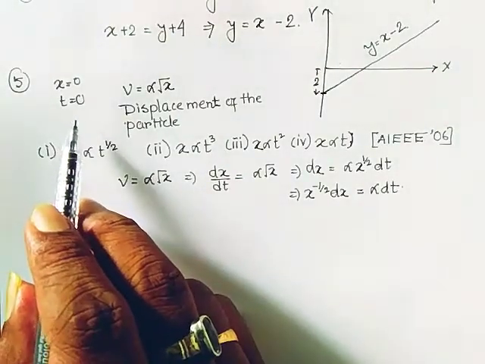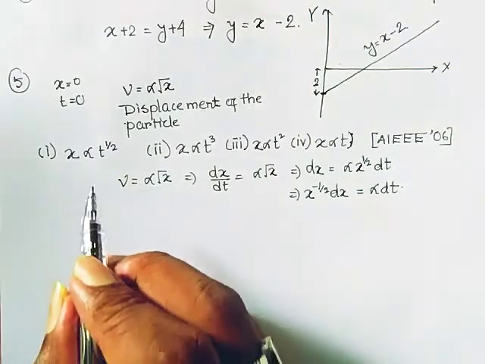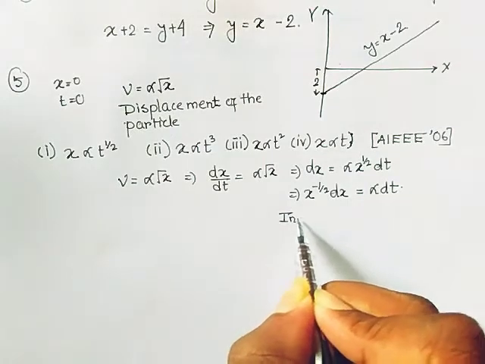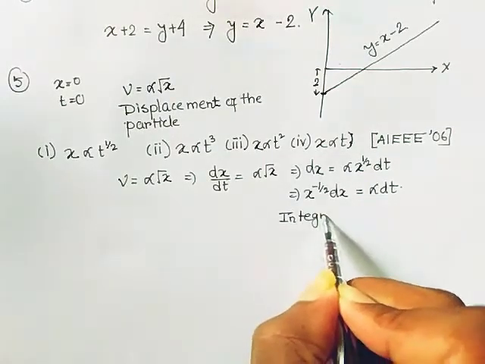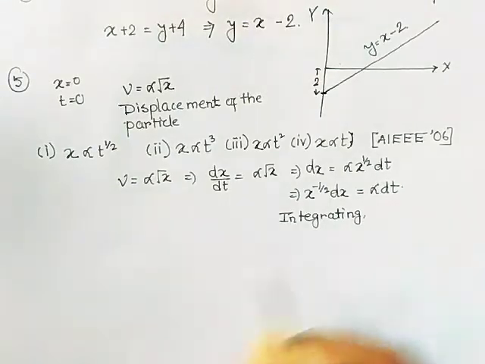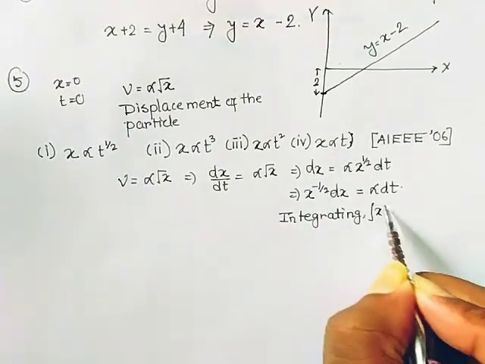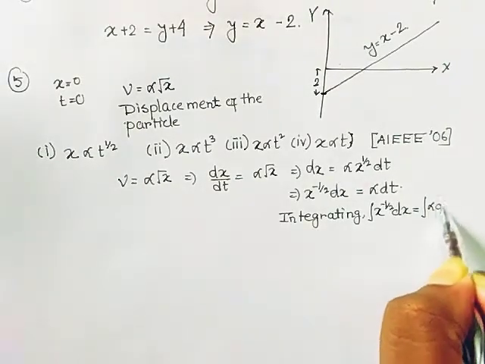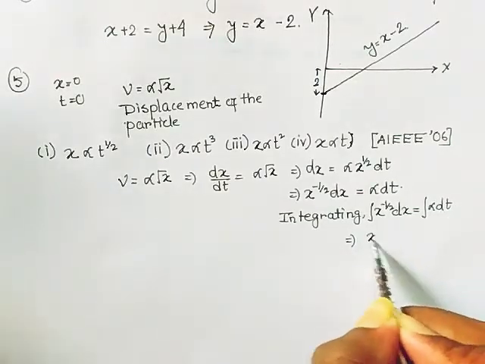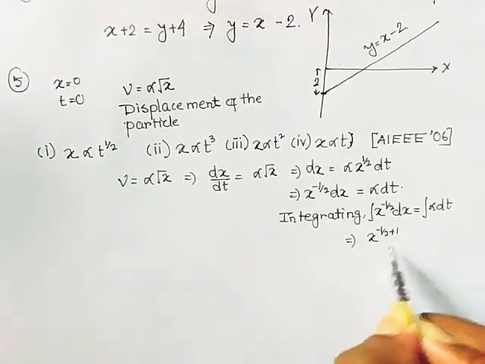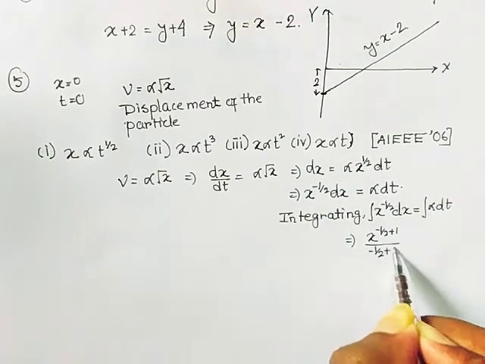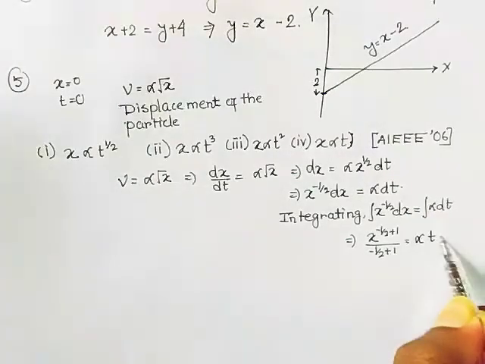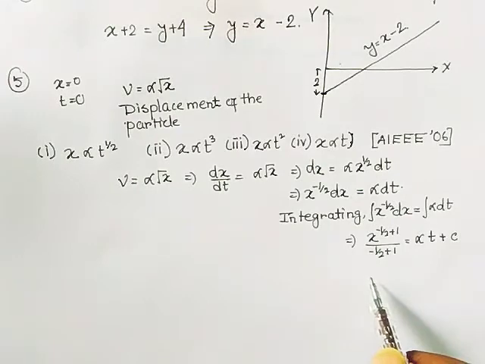When x equal to 0, the particle is at t equal to 0, we can use the indefinite integral and the definite integral both. If I take the indefinite integration, then integrating we get integration of x to the power minus half dx equals integration of alpha dt. So this will give x to the power minus half plus 1 divided by minus half plus 1. Alpha is a constant, it can be taken outside the integral, and integration of dt becomes t, and c is a constant of integration.